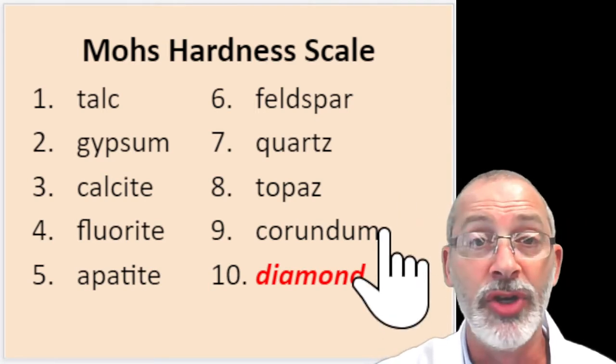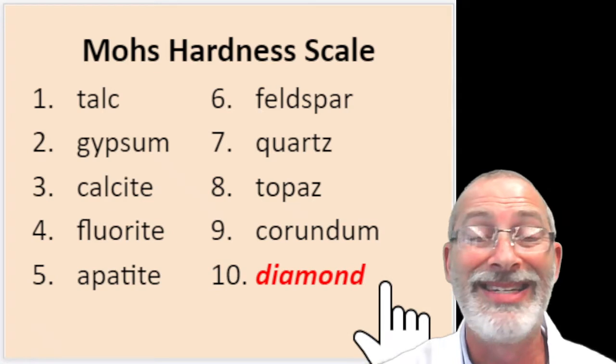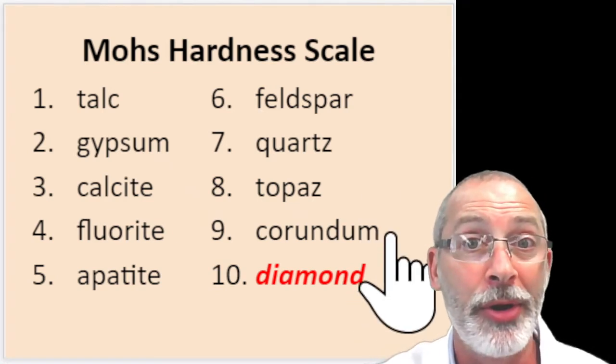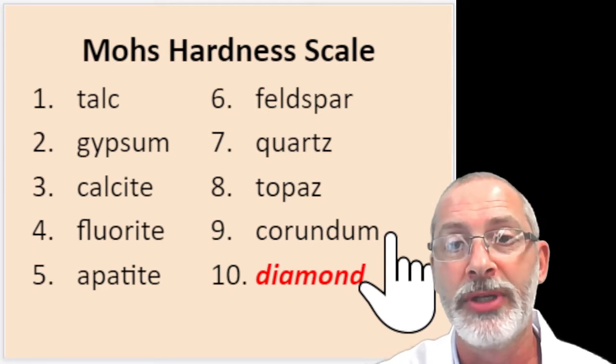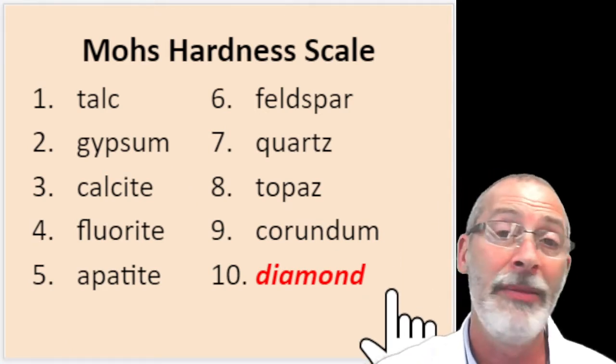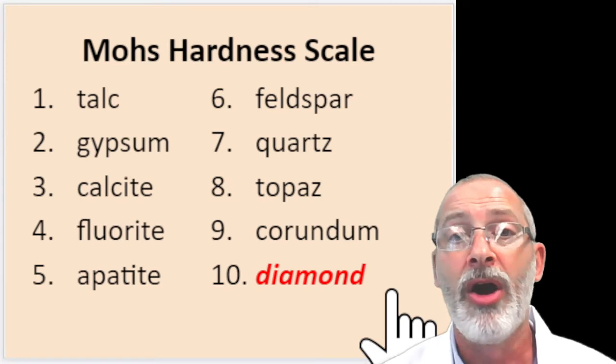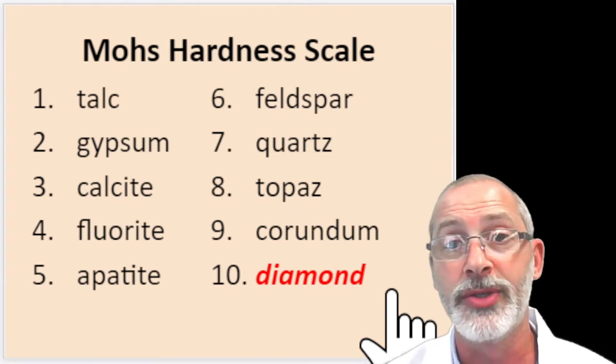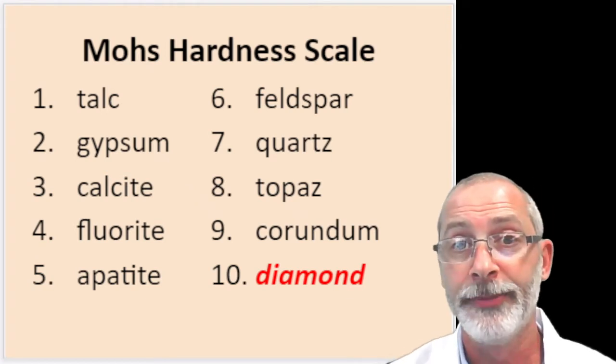Corundum is even harder than that, and diamonds. By the way, rubies are a type of corundum. You've probably heard of rubies before. And diamonds, of course, are the hardest mineral on Mohs scale, and they are the hardest mineral on Earth.